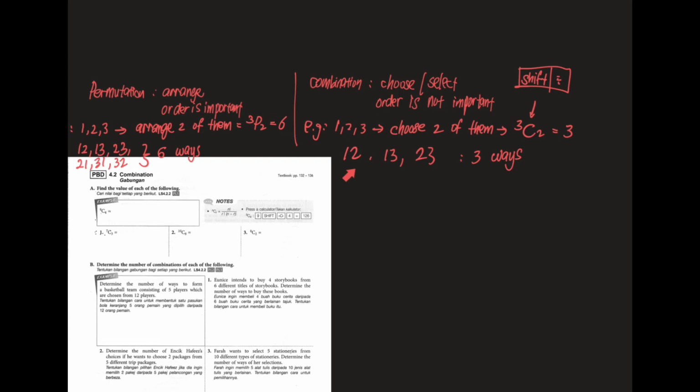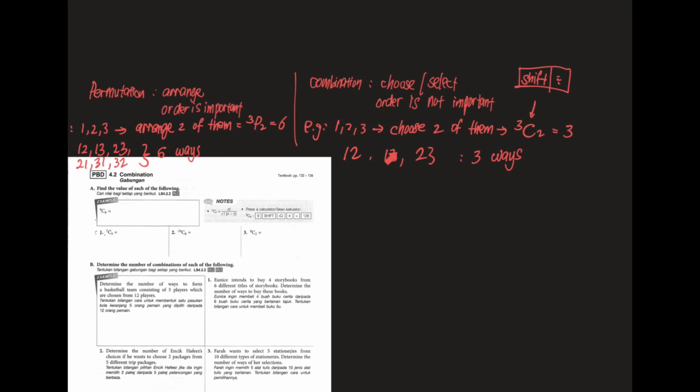Which first, which second, it doesn't matter. As long as you are choosing 1 and 2, then that is one result. 1, 3 is a result. Maybe you're wondering, how come 3, 1 is not acceptable? Because 3, 1 and 1, 3 are considered the same result because we are choosing 1 and 3. Order is not important.